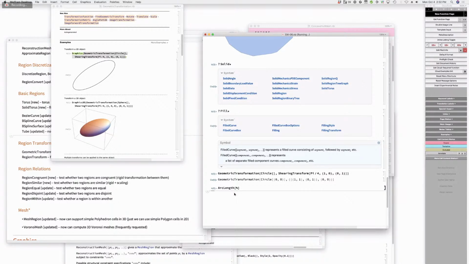Or can you just say N of the shearing transform? Would it automatically go to numeric methods if it's approximate, if it's finite precision? Yes, it should. We are still refining it, but it should figure out if it can do the integration fast enough.